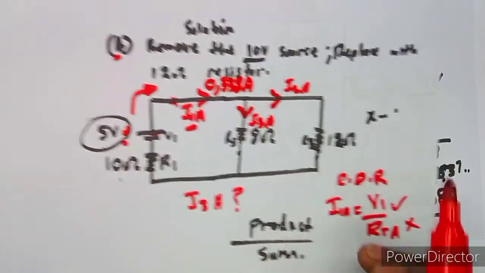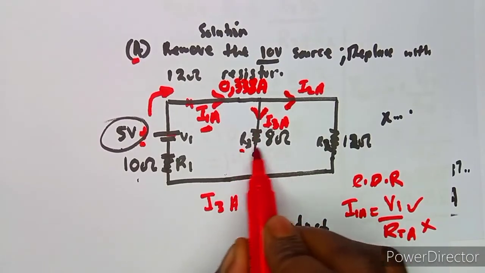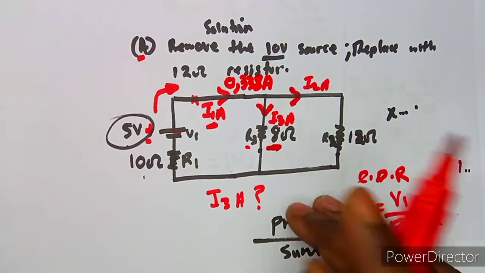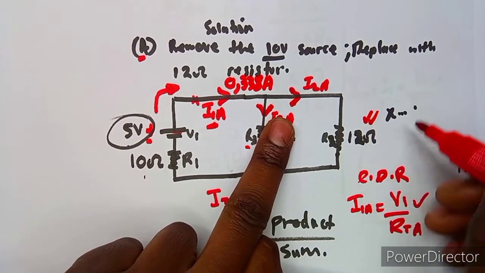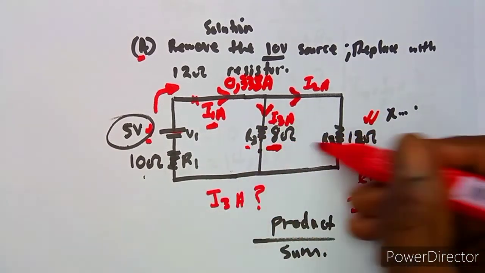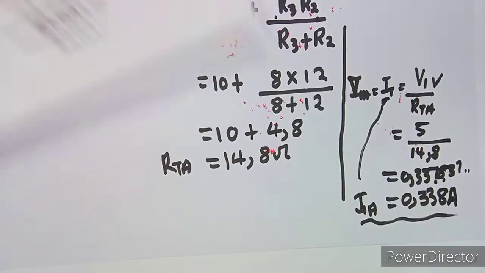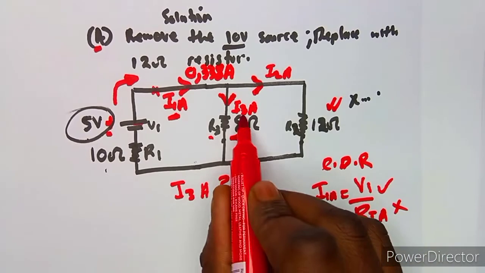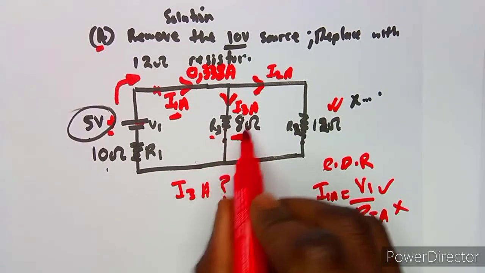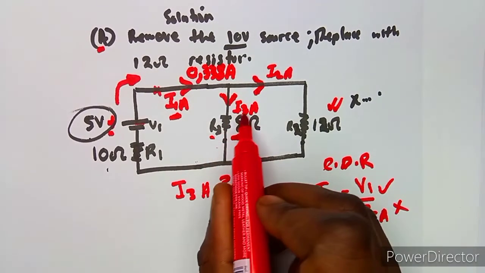So using current divider rule, in order for us to have the current in the 8 ohm, you are going to use the other resistor, this one on top. So it's going to be R2 over the sum of the resistors. Okay, so that means the formula is going to look like this, guys. Remember, this is the current in the 3 ohm resistor according to the direction that we have taken.